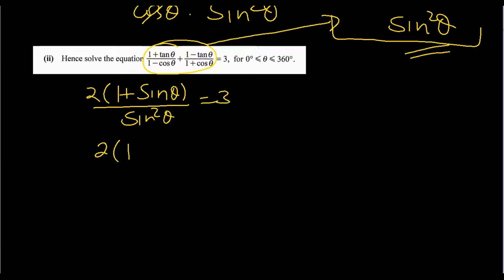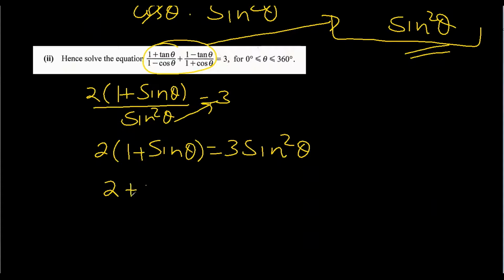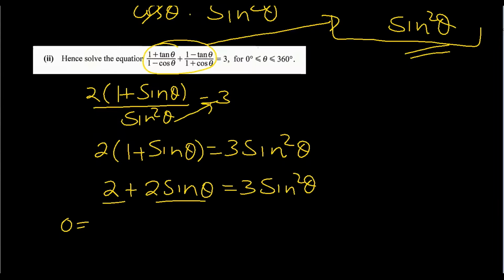So 2, 1 plus sine theta stay here, and 3 sine square theta will be on the right side because this multiplies here. So 2 plus 2 sine theta equal to 3 sine square theta. So let's bring both of them to the right side and keep left as 0. So it will become 3 sine square theta minus 2 sine theta minus 2 equal to 0.